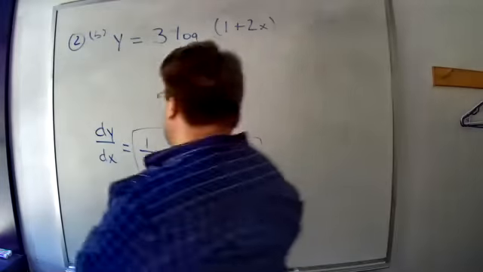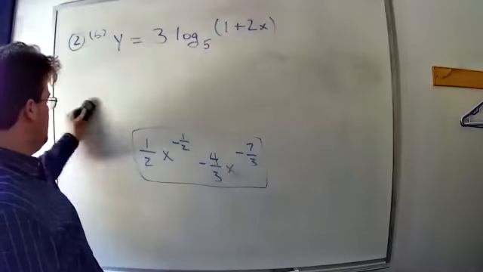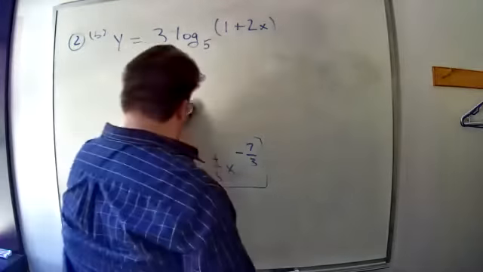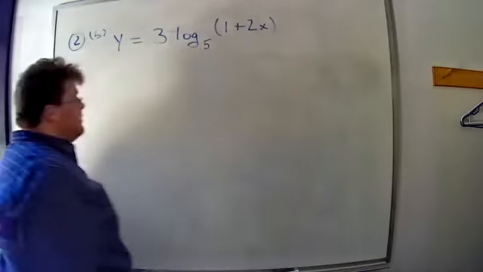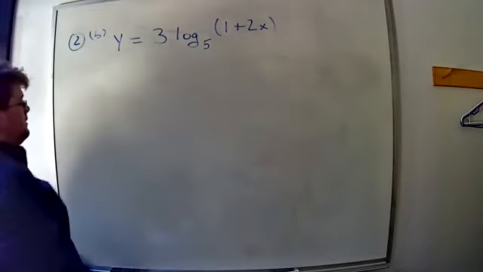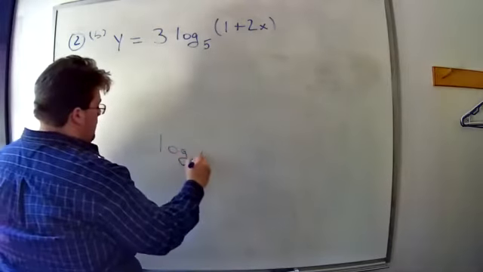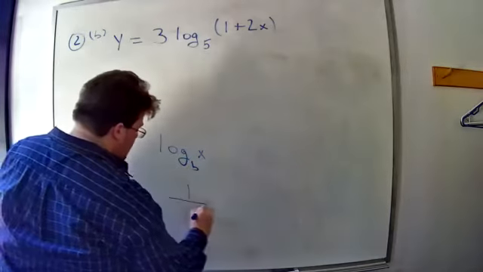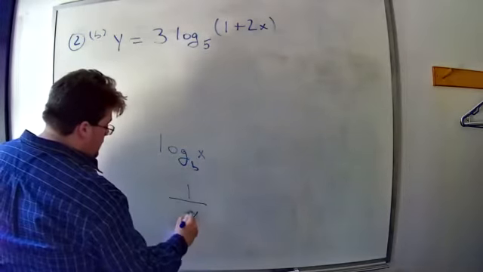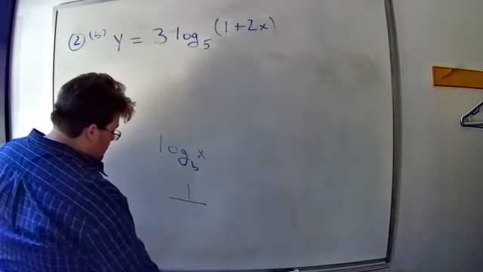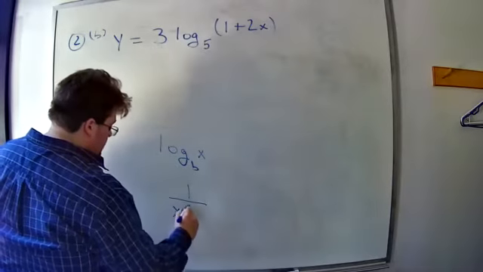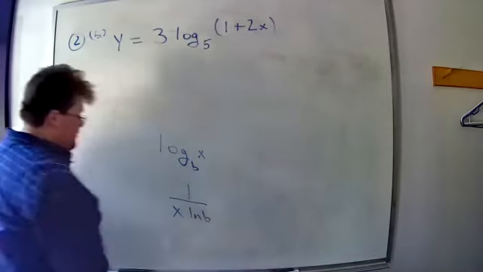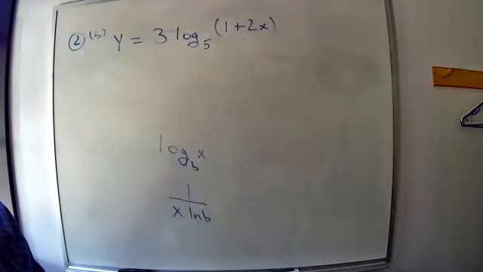Well, we have a logarithm function here with a non-e base. So we recall our derivative rule for a logarithm with base b. The derivative of that is the same as with the natural logarithm, except we multiply by the constant log b in the denominator.